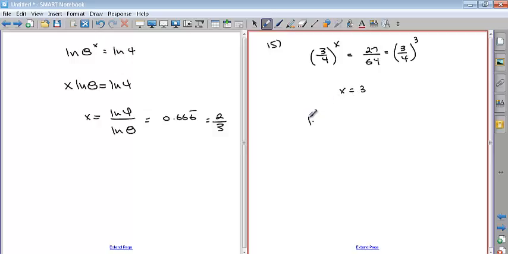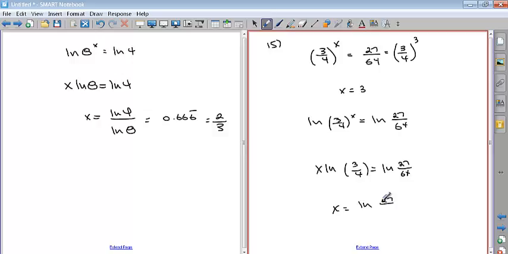Or you could do what I did just a second ago. You'd have the natural log of 3/4 to the x power is the natural log of 27 over 64. You take the exponent out using the exponent property, and then you divide both sides by the natural log of 3/4.